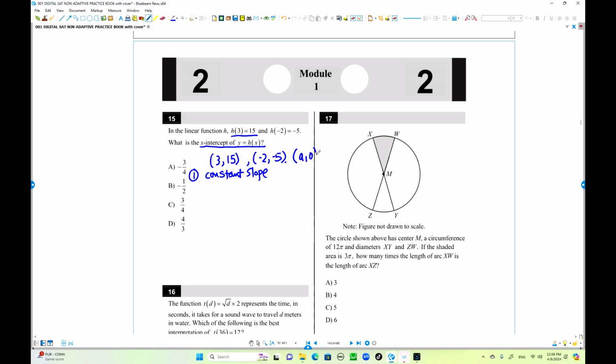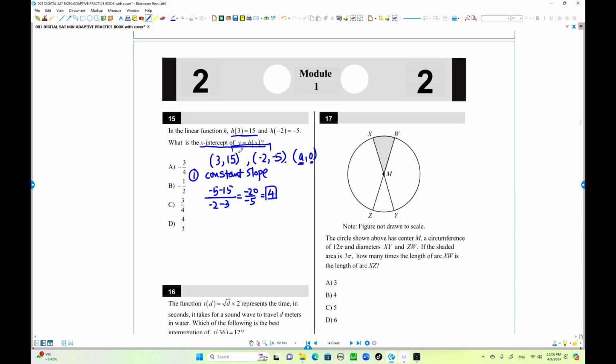A is the x-intercept because the value of y equals 0. Between any 2 points, the slope is equal. Now, from here, negative 5 minus 15 over negative 2 minus 3. Negative 20 over negative 5 equals 4, which is the slope.